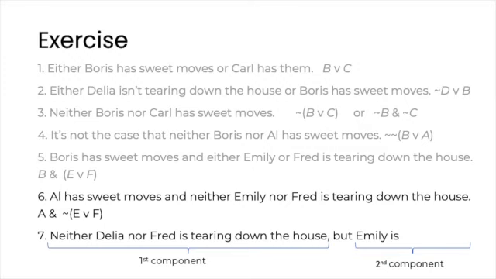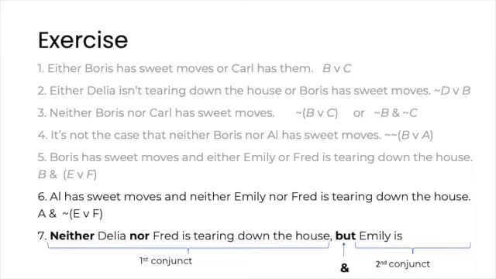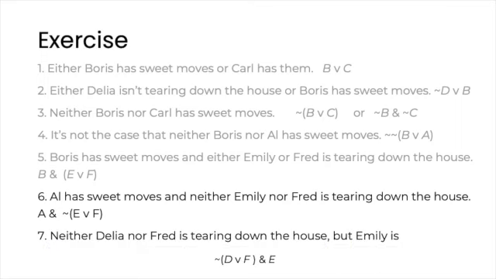The clue comes from the occurrence of "but" immediately after the comma, which functions as the main connective. If you remember, for the purposes of sentential logic, the word "but" represents a conjunction, so the whole sentence is a conjunction. Its left conjunct is a "neither...nor" clause involving the letters D and F, so it is ~(D v F), and the right conjunct is simply E, so the whole sentence is rendered as ~(D v F) & E.